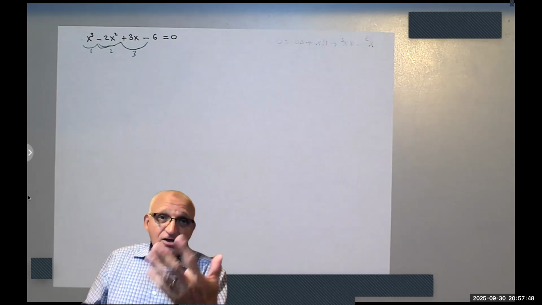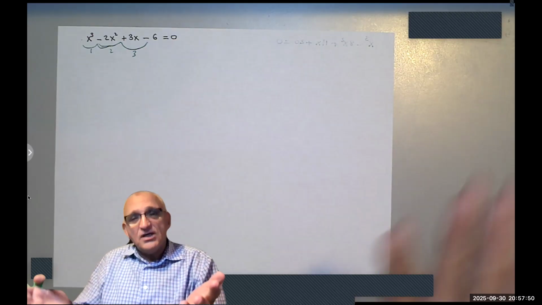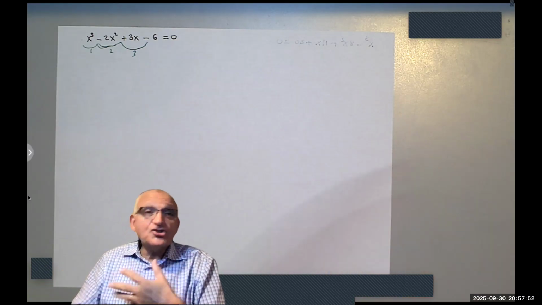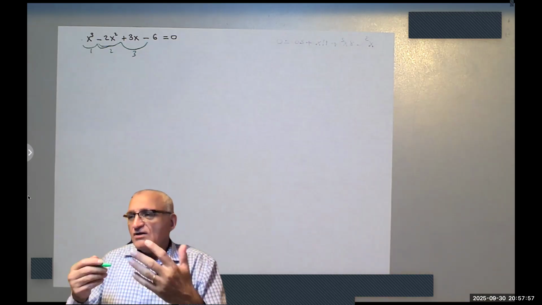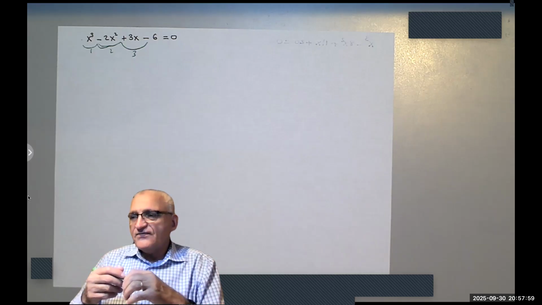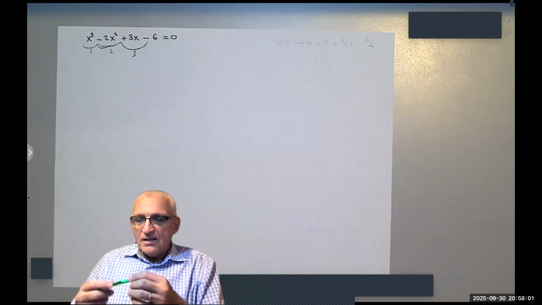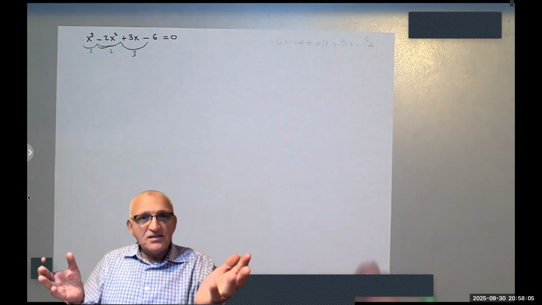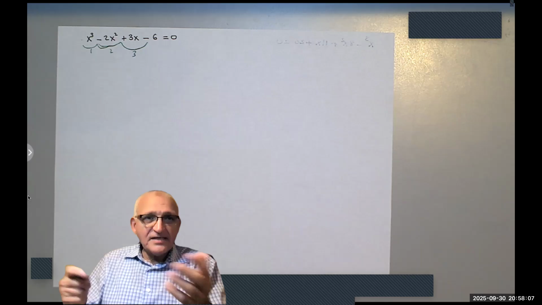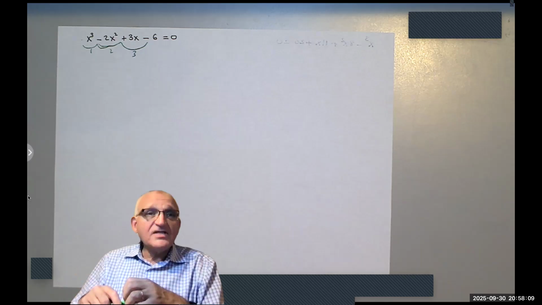If you have a complex solution, then its conjugate is also a solution. Remember, when we solve, you can see that if the quantity under the radical, b squared minus 4ac, do you remember what we call that? The discriminant.